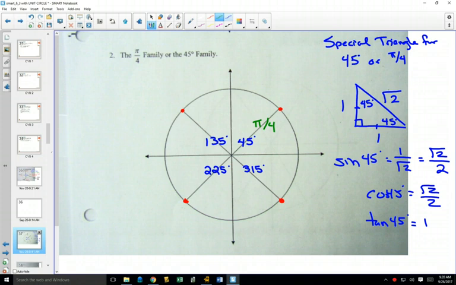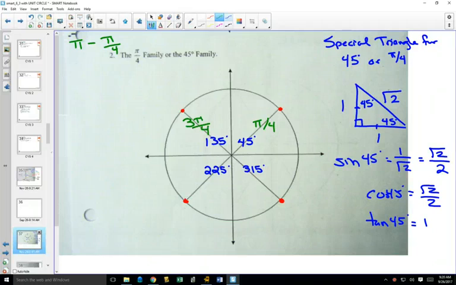If this reference angle is pi over 4, how did you find 135? What did you do to figure out 135? You went 180 and you subtracted 45, right? So now we have to do the same thing in radians. So how do I do this? It's going to be 3 pi over 4, you have to use your fraction skills.